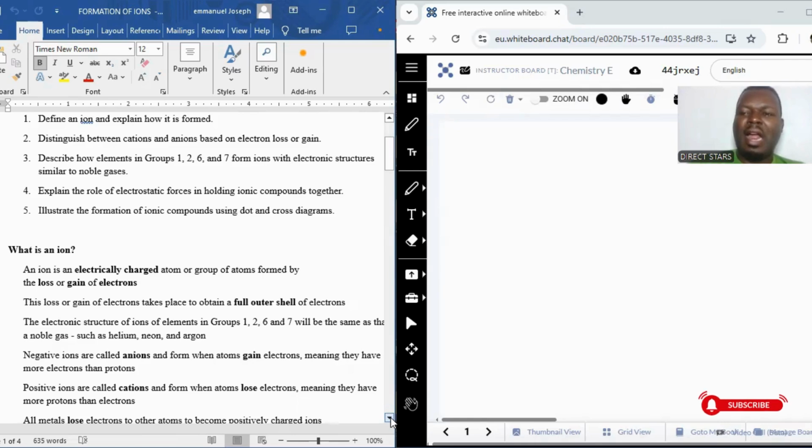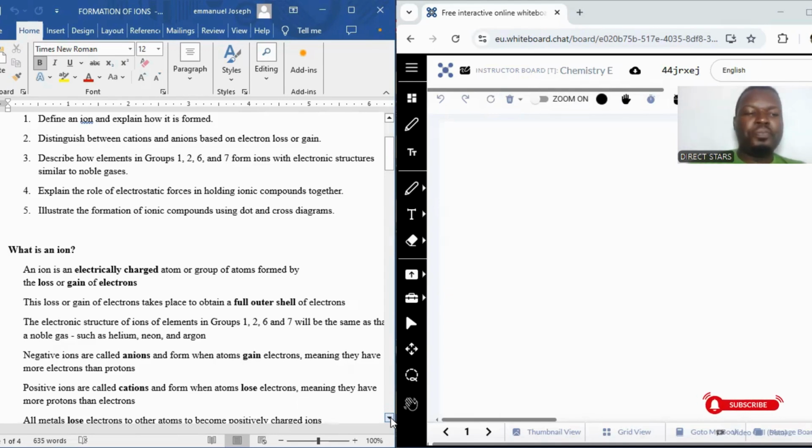This ensures stability in atoms. And that is why the atoms of group 0 elements are relatively stable. They are very stable because their outer shell electrons are complete.